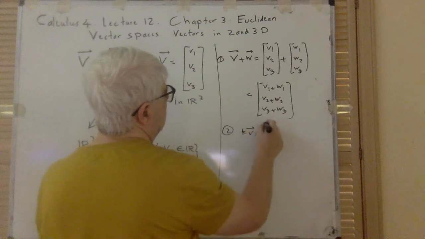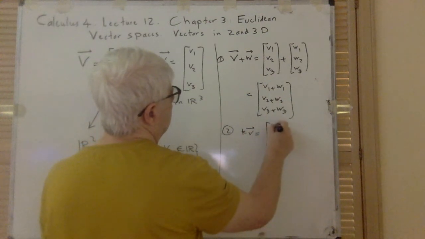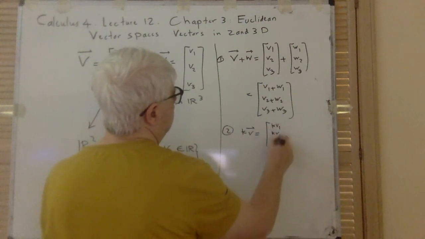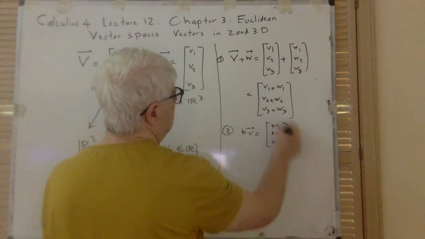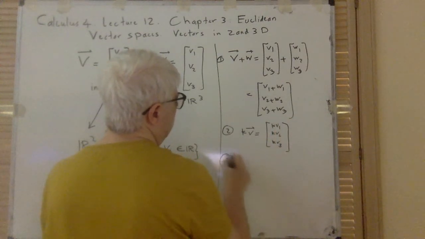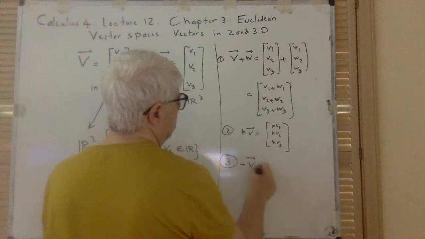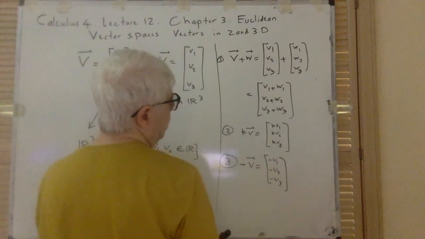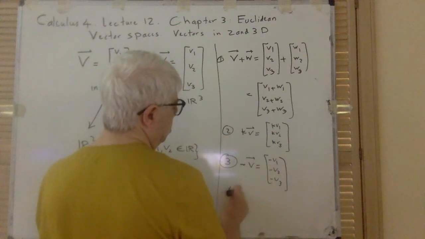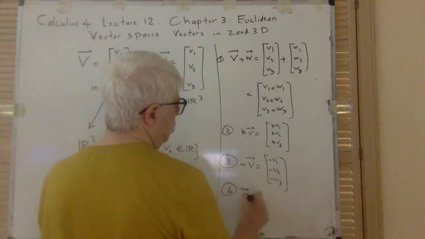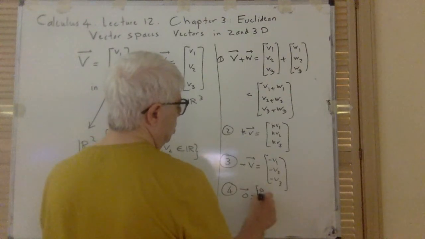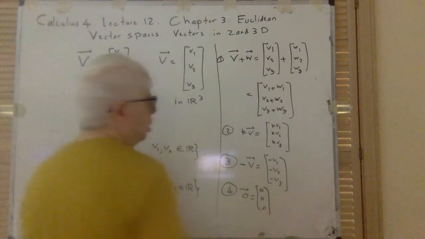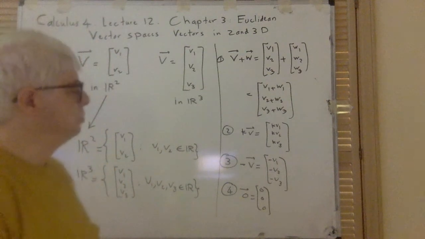KV is in fact KV1, KV2, and KV3. We define minus V to be simply minus V1, minus V2, minus V3, and the zero vector is 0, 0, 0.